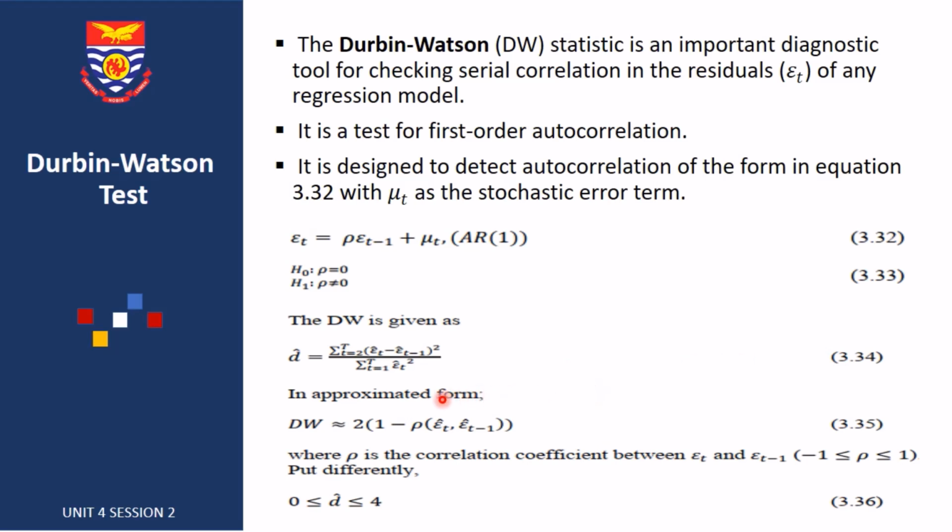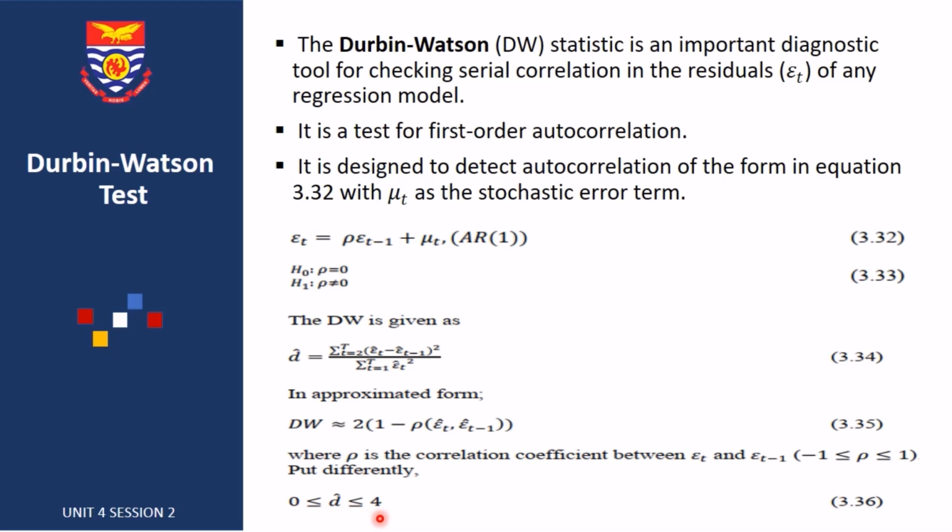In approximated form, the Durbin-Watson looks like equation 3.35, where DW is approximately 2 times the bracket 1 minus rho, relating the current and the previous epsilon. In simple terms, the Durbin-Watson should fall between 0 and 4, that is, greater than or equal to 0 and less than or equal to 4.